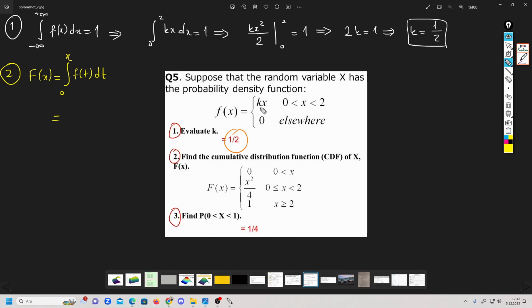Now here f of x is equal to, not k, I'm sorry, x divided by 2, because k is 1 over 2, x is between 0 and 2, and 0 otherwise.